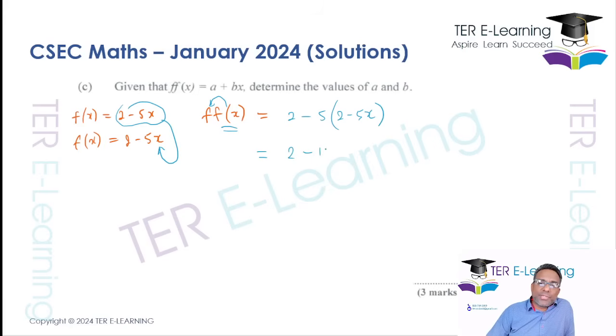So this is going to be minus 10 minus 5 multiplied by minus 5x. You're going to get plus 25x. And therefore, now they want the answer in the form a plus bx. So 2 minus 10 is going to give you minus 8 plus 25x.